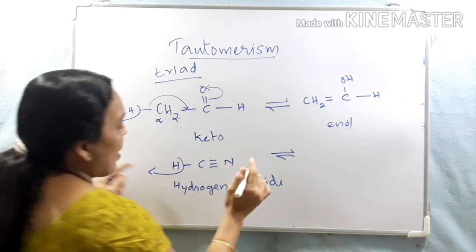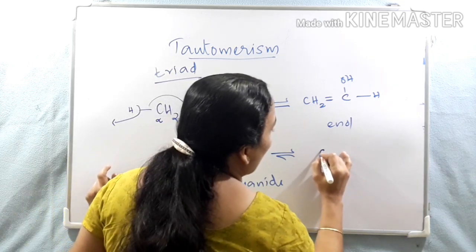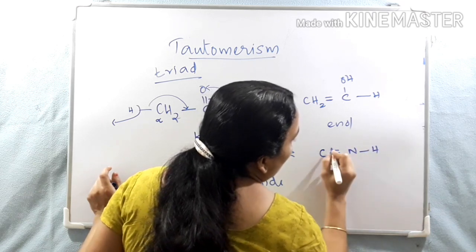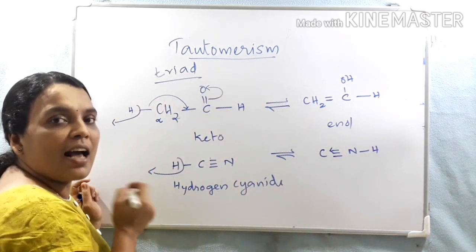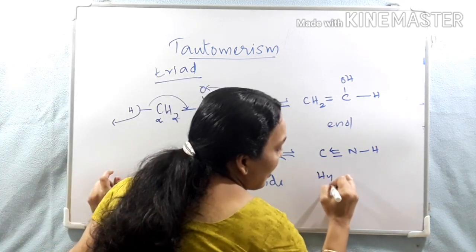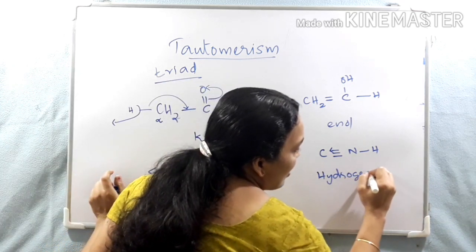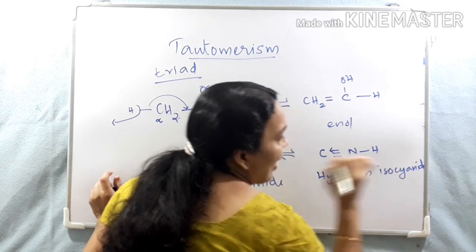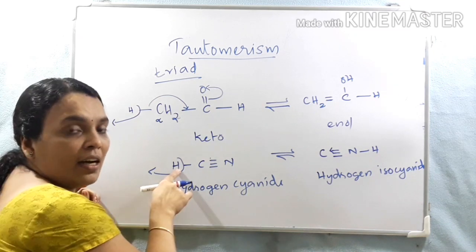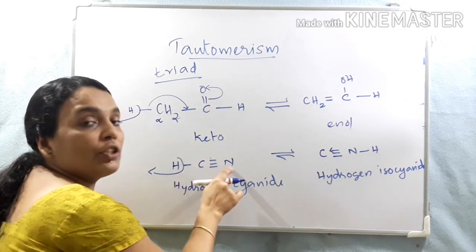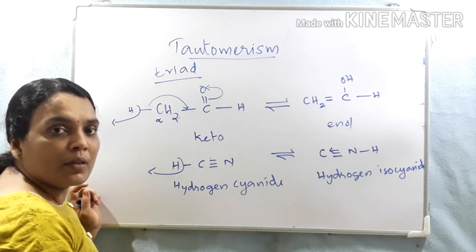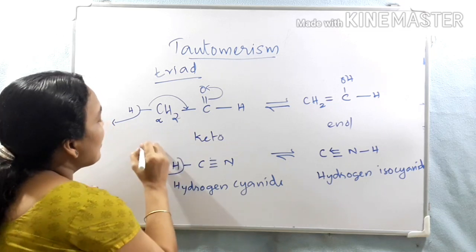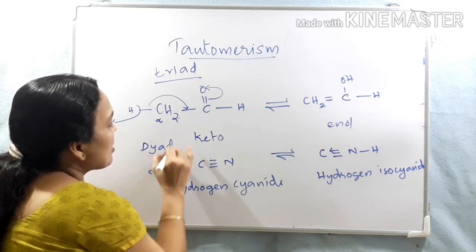Here hydrogen is migrating from here and forming the compound, hydrogen isocyanide. This is a hydrogen isocyanide. Here there is migration of hydrogen between 2 polyvalent atoms. That means hydrogen is oscillating between 2 polyvalent atoms. That is why it is called a diad system.